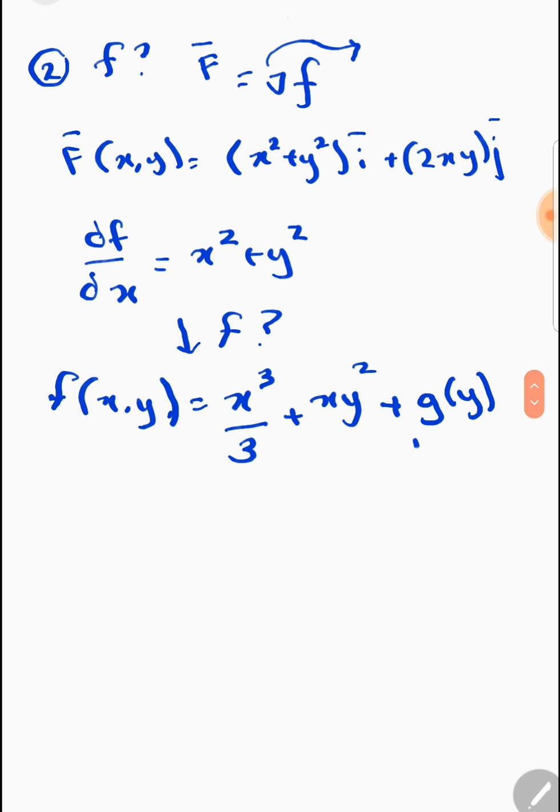Another way for us to look at it is that this constant will always be referring to the other variable. So for example, if I am integrating this with respect to x, then the constant will be expressed in terms of y. Alright? And of course, in this case, I only have my f expressed in terms of x and y. Say if I have f of x, y, z, then I will need to write another one for my g(z). Alright? So, otherwise, everything is just fine.